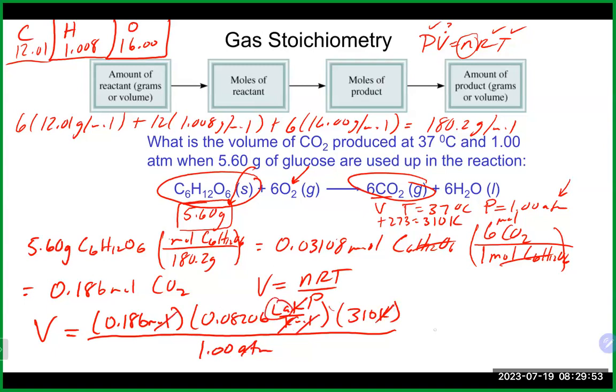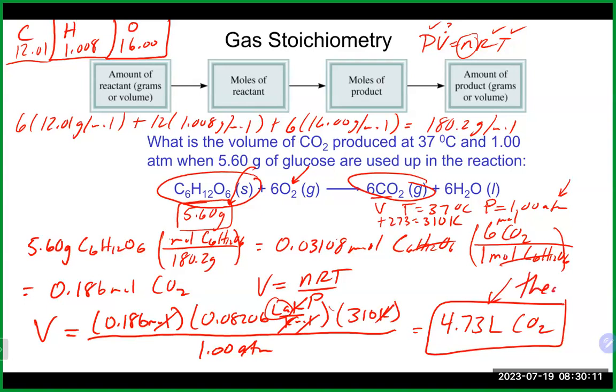That's going to leave us liters at this point. We will end up with about 4.73 liters of CO2 that would be produced in this case. This would be our theoretical yield in this case, based off of this reaction.